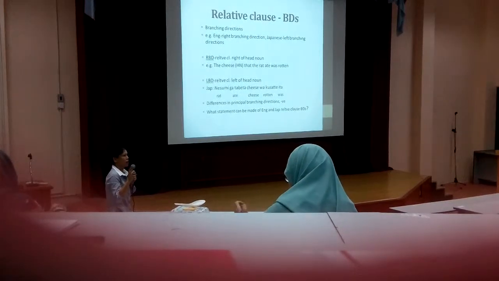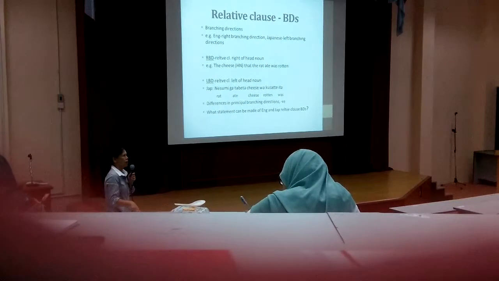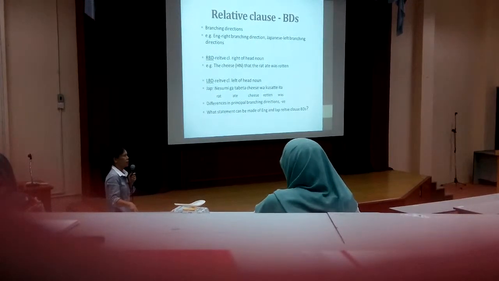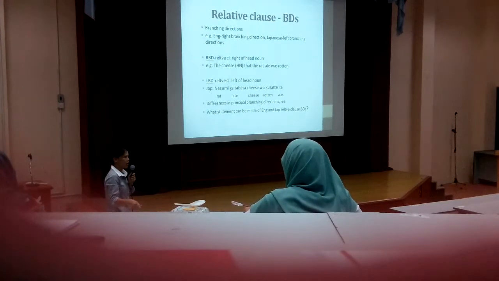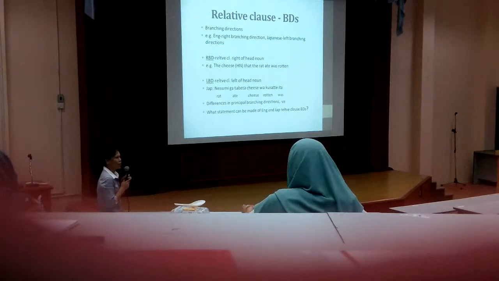That bit is right branching. So in Malay, Naib Canselor itu yang. Do you use yang? Yes. So it's the same direction. Therefore, the Malay speakers of English will not have problems in branching for relative clauses.